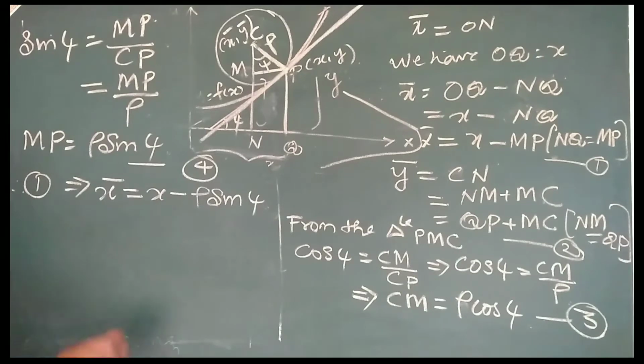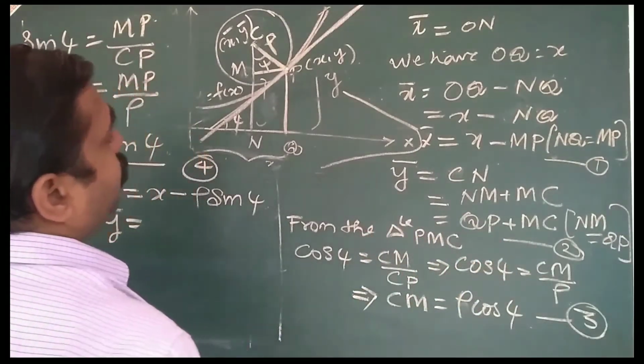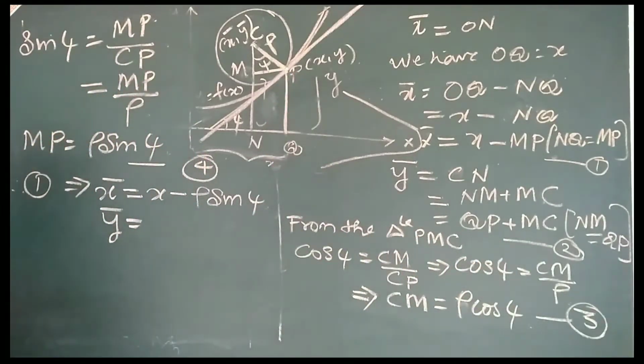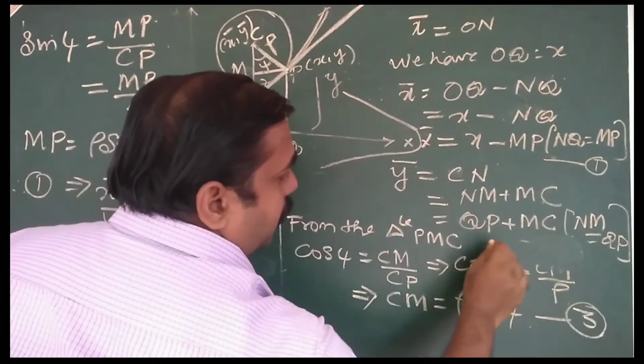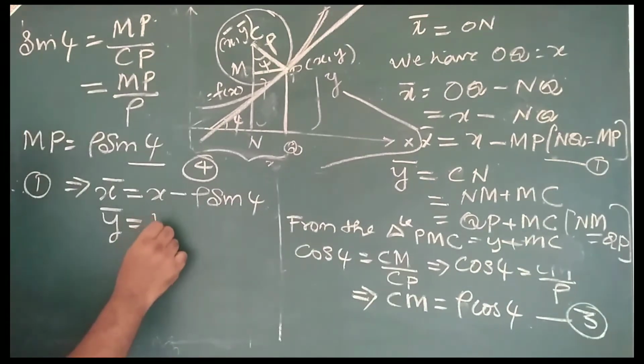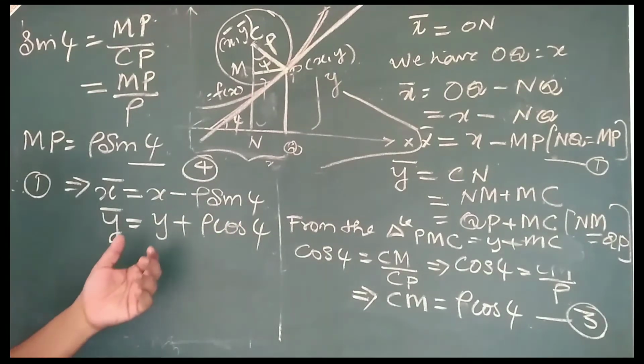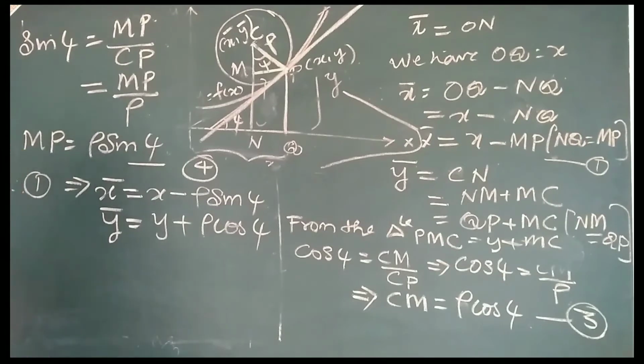And y bar is equal to QP plus MC. What is QP? QP is equal to y. This is equal to y plus MC, that is y plus rho cos psi. So y bar is equal to y plus rho cos psi.